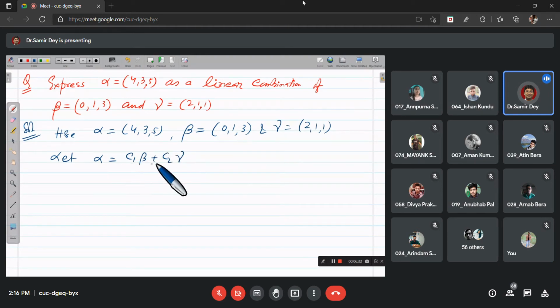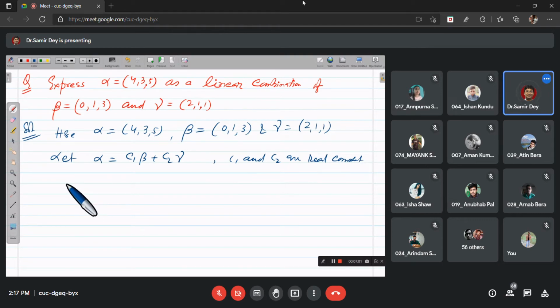Is it clear or not? Yes, sir. Because you want to express alpha in terms of beta and gamma, that's why I'm writing let alpha equal C1 beta plus C2 gamma. What are C1, C2? C1 and C2 are real constants.